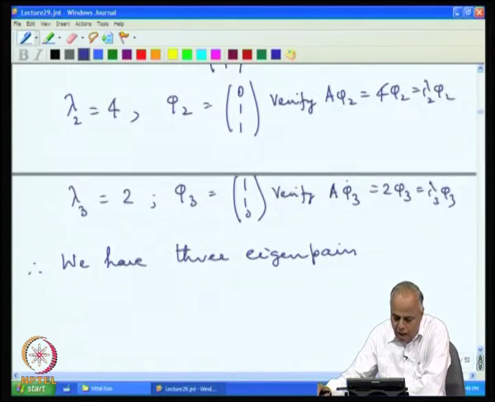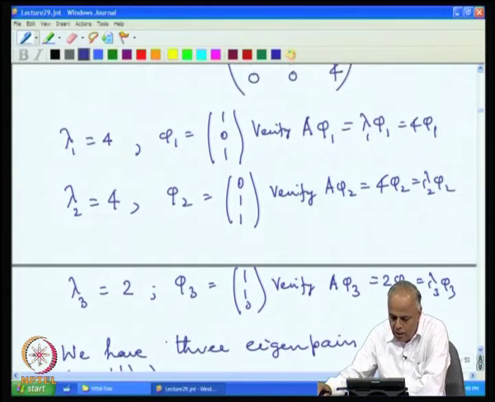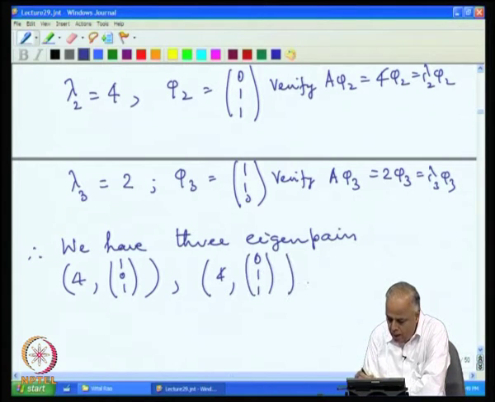The first one is lambda 1, phi 1, which is 4 and (1, 0, 1). The second one is lambda 2, phi 2, which is 4 and (0, 1, 1), and the third one is lambda 3, phi 3: 2 and (1, 1, 0).